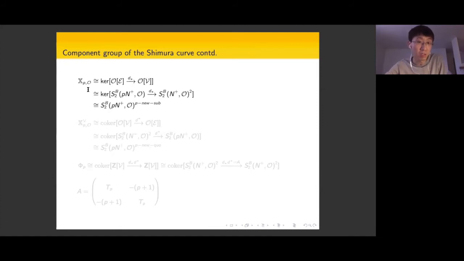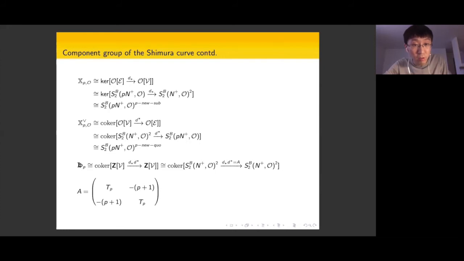So you can think of the character group as the P-new submodule of this space of quaternionic modular forms. And the co-character group is the dual version of it. So instead of the kernel, you have the co-kernel here. And it's the P-new quotient of the space of quaternionic modular forms of level Pn plus. Okay. So they are isomorphic to each other because they correspond to new forms at P.